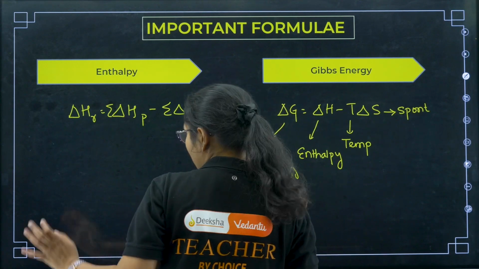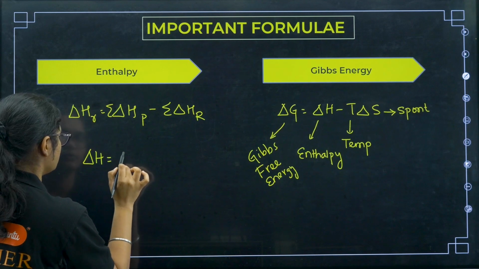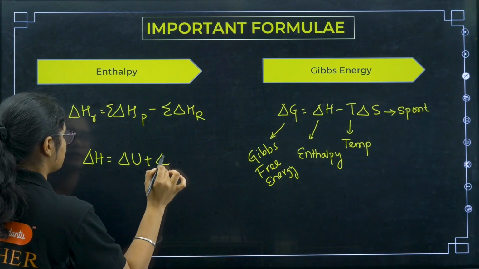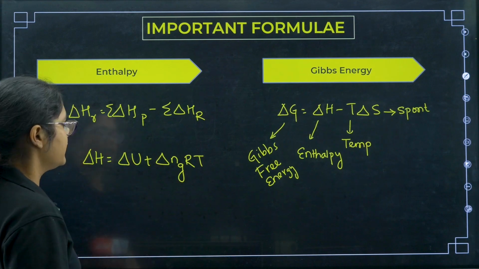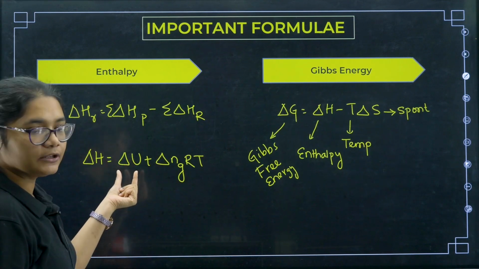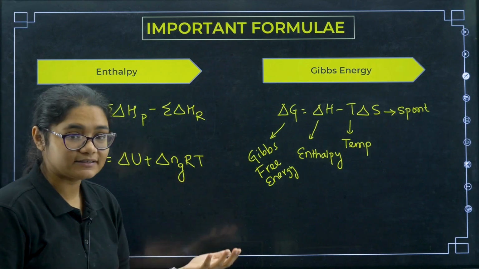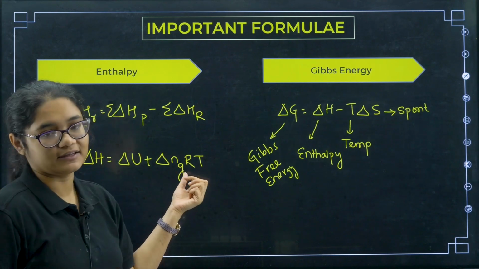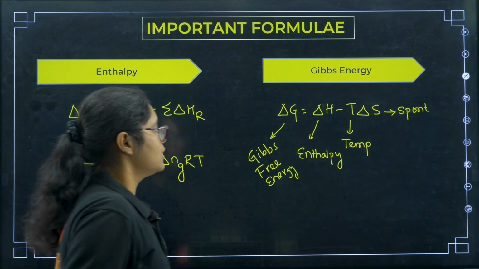Now we have another formula for ΔH as well, that is ΔH = ΔU + ΔngRT, okay. So ΔH is enthalpy, ΔU is internal energy, Δng is the number of moles of gaseous products minus reactants, R is your gas constant and T is the temperature, okay.